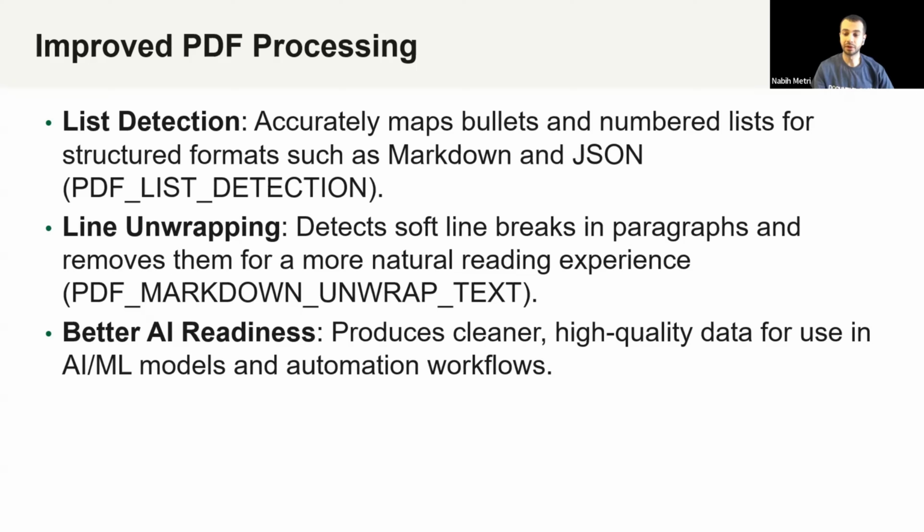We've also improved text flow by detecting and removing soft line breaks within paragraphs, which often occur due to line wrapping in PDFs. These enhancements are particularly valuable for AI and automation workflows, as they reduce the need for manual cleanup and ensure that structured data is as accurate and usable as possible.